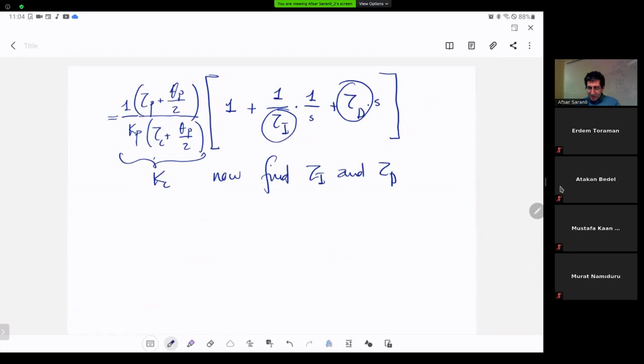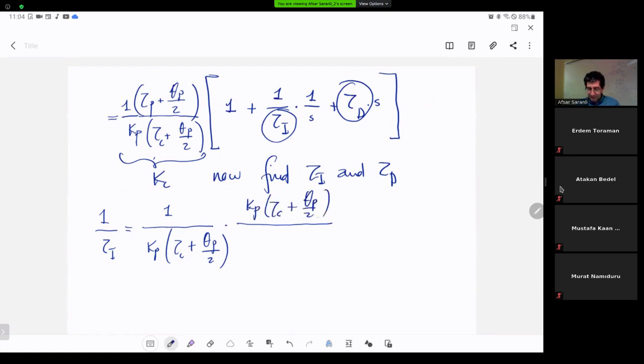Okay, so let me write that down. We have 1 over tau I being equal to simply 1 over kp tau c plus theta p over 2 times kp tau c plus theta p over 2 over tau p plus theta p over 2.